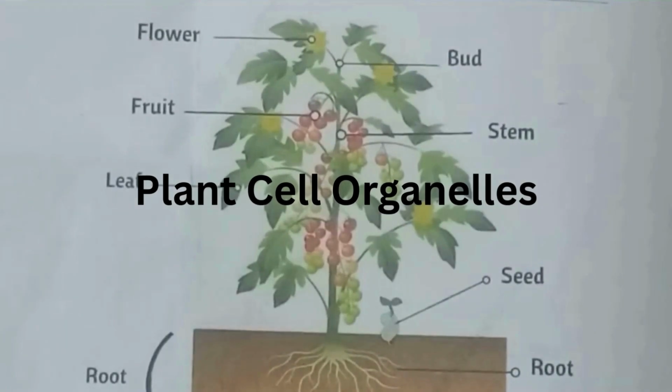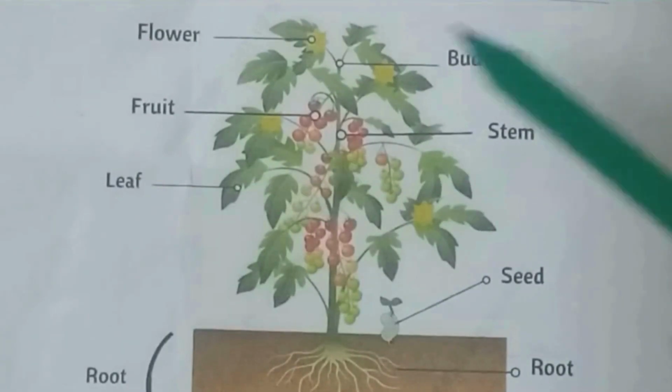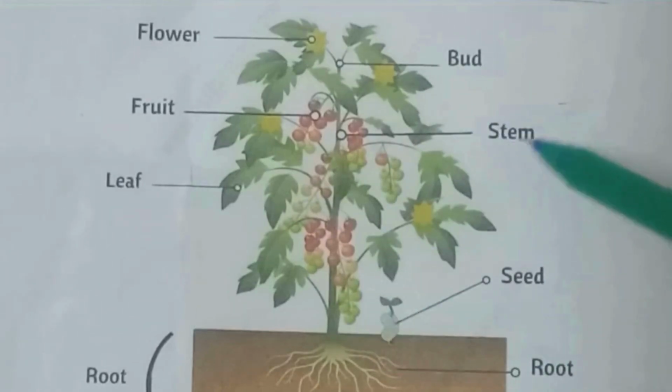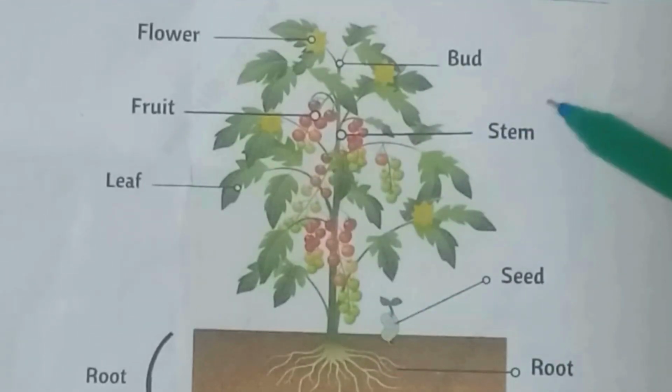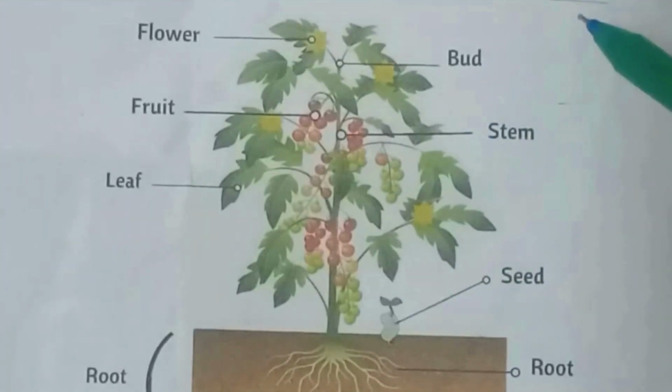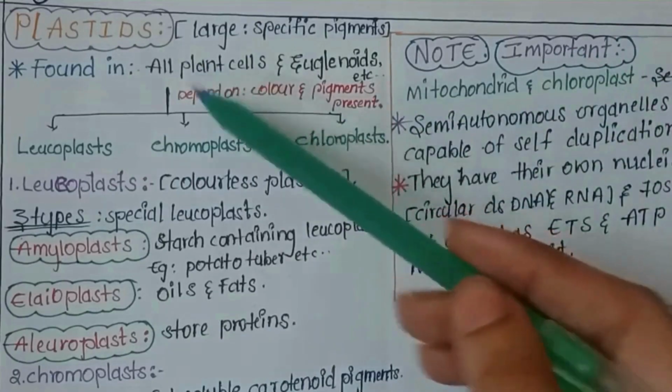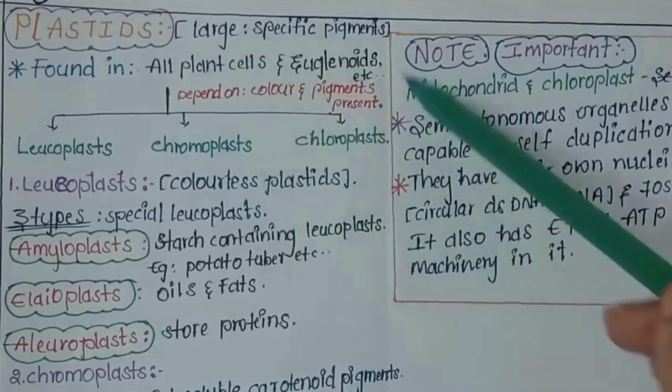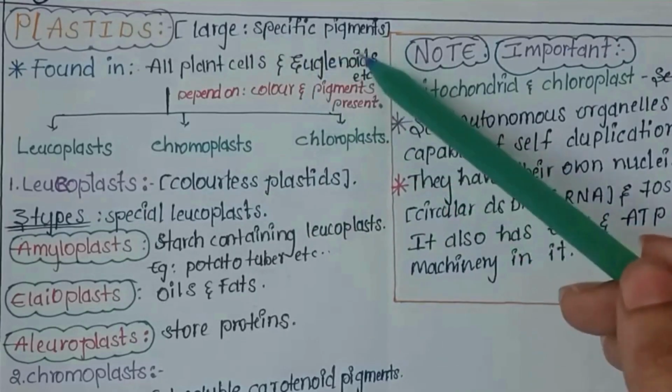As we already differentiated between plant cell and animal cell, let's discuss some of the organelles which are present only in plant cells, like plastids, and the outermost covering of the plant cell, which is the cell wall. Coming to the plastids, these are found in all plant cells and euglenoids.